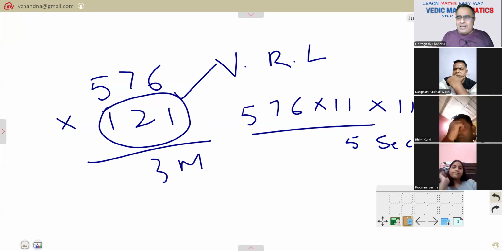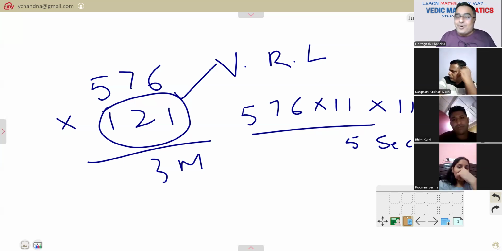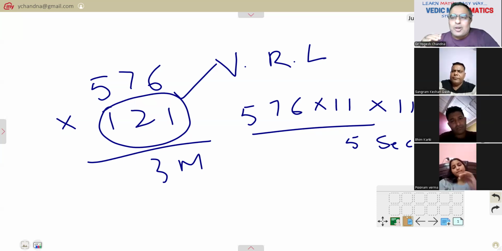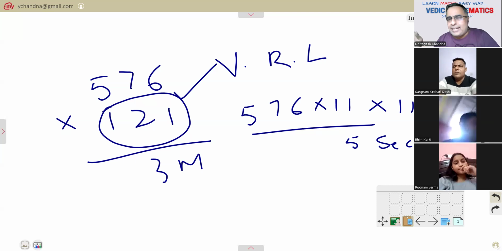For example, let's talk about squaring. I have formulated 13 concepts in my book with which you can do squaring. So if 13 institutes are there, they can each say, this one is mine, this one is mine. So this way they were doing. But no one ever mentioned that this is a part of Vedic maths, because that was considered politically not right. I won't say anything more on that.